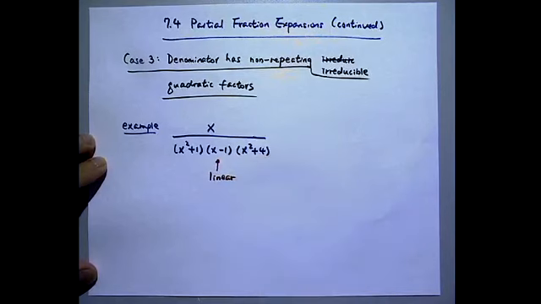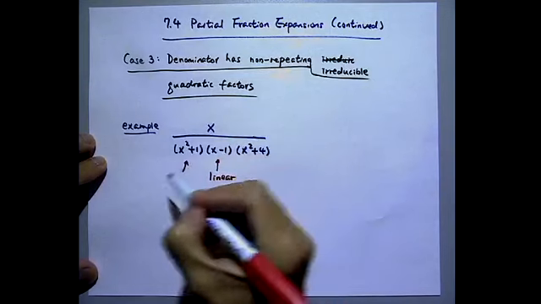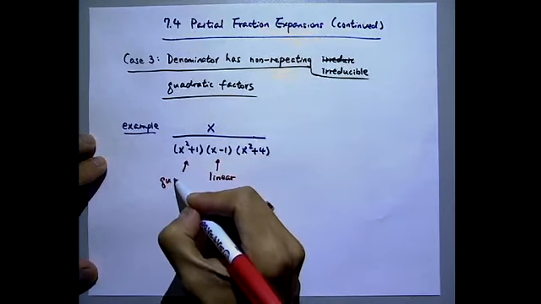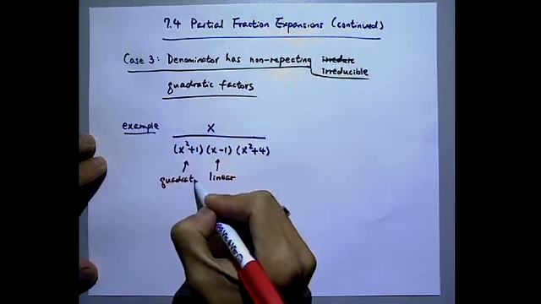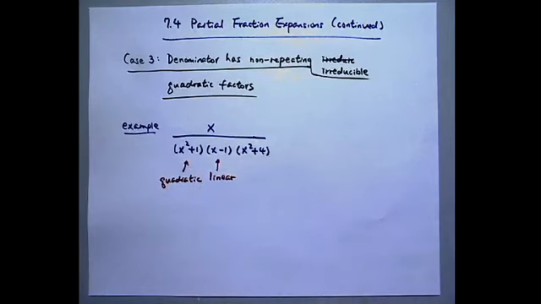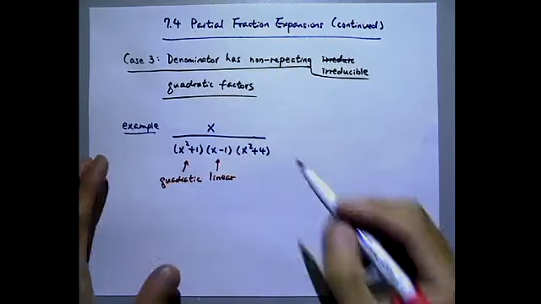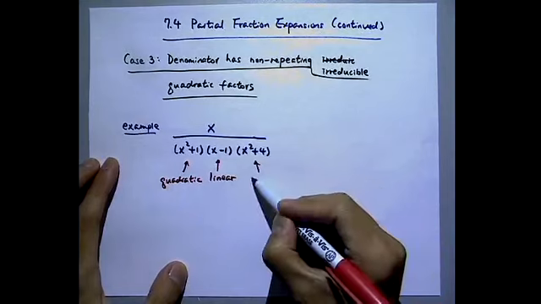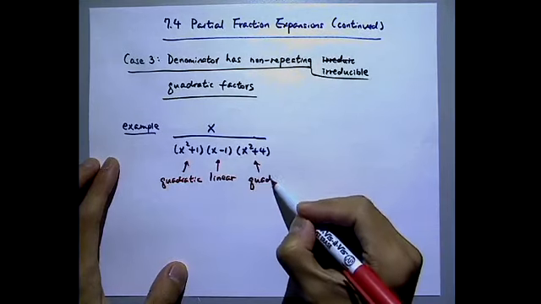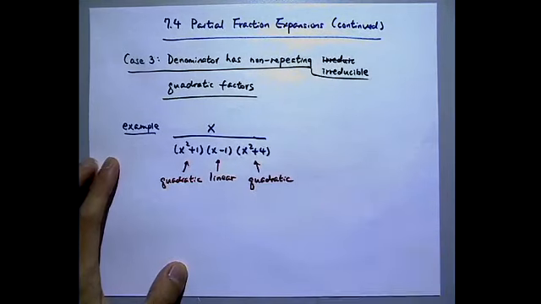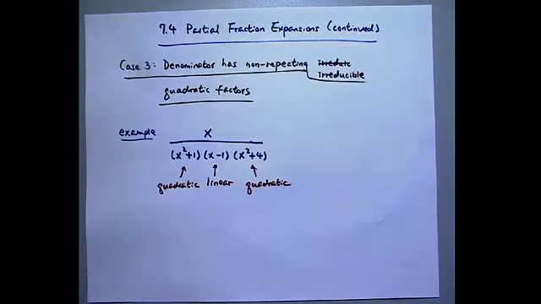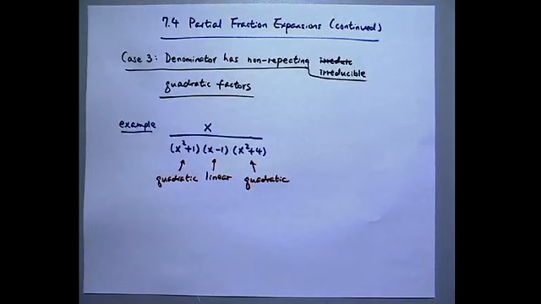X minus 1 is the linear factor. We know what to do from last time. X squared plus 1 is a quadratic, and clearly it's not repeated. It doesn't show up again. And then here we have a second quadratic. So we have 2 non-repeating quadratic factors and 1 non-repeating linear factor.